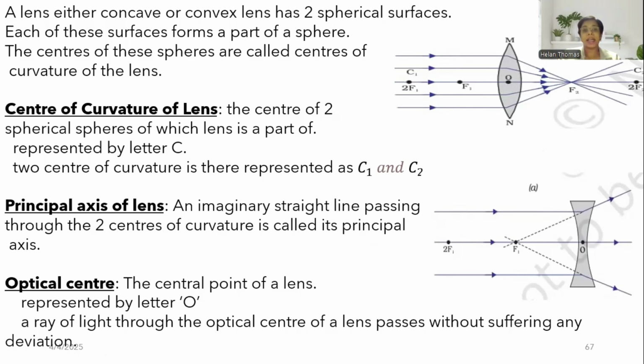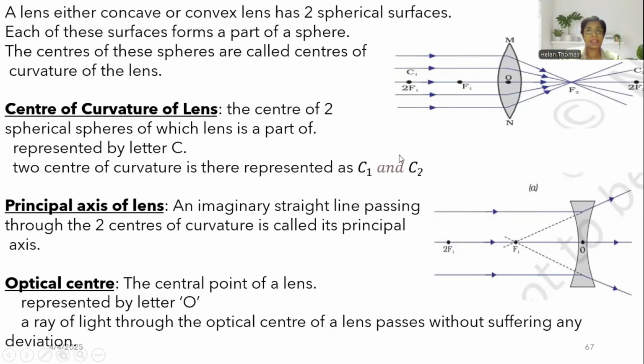We learned in the topic of refraction that for refraction to occur, the light ray will have to fall obliquely. So in this particular portion there is no refraction, which means that the light ray is falling perpendicular to the curvature of the lens, and that is why it will not suffer any deviation.